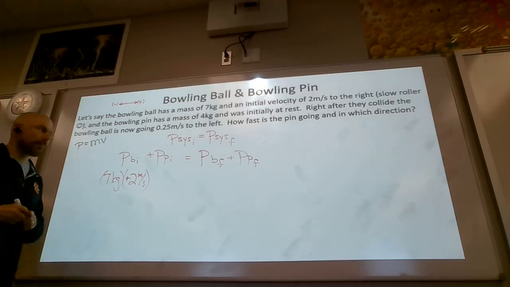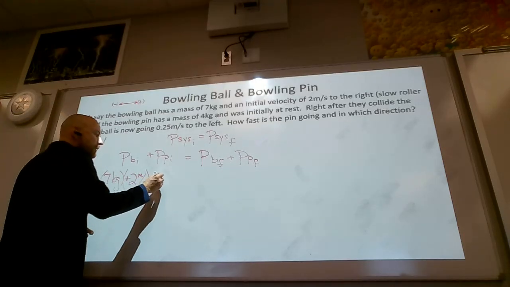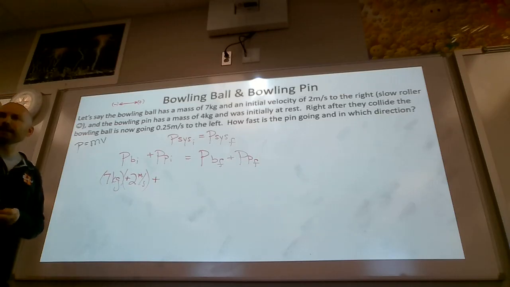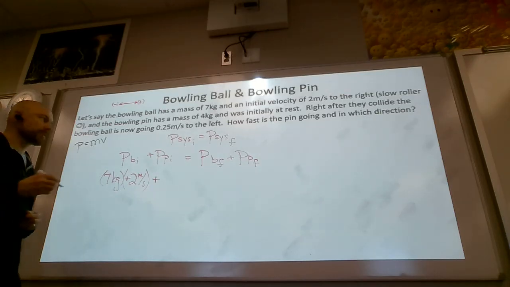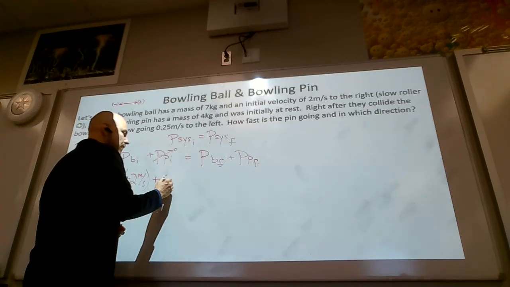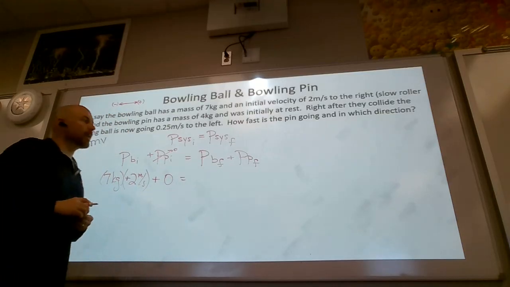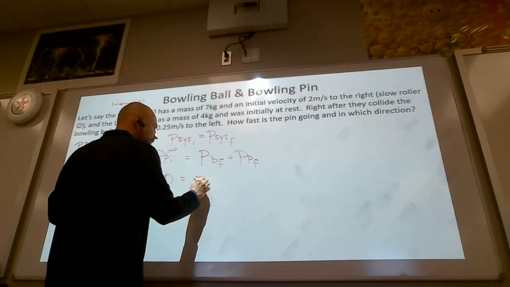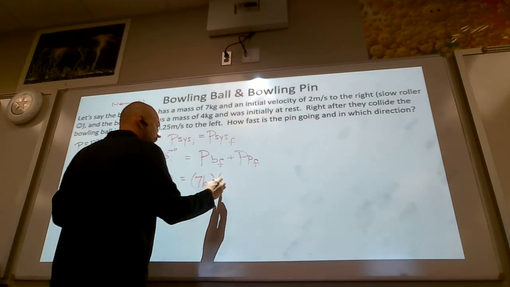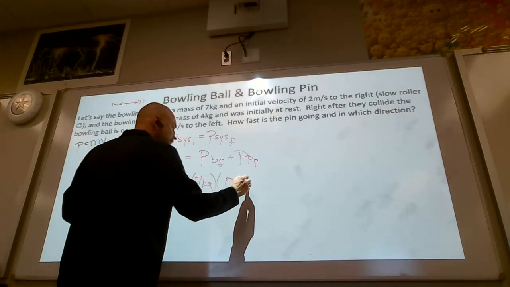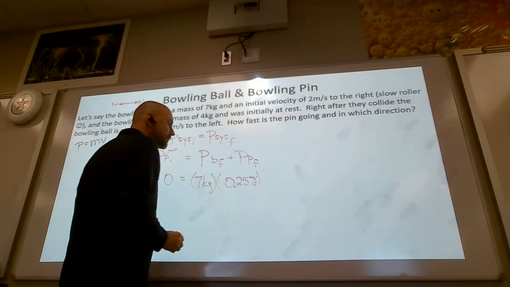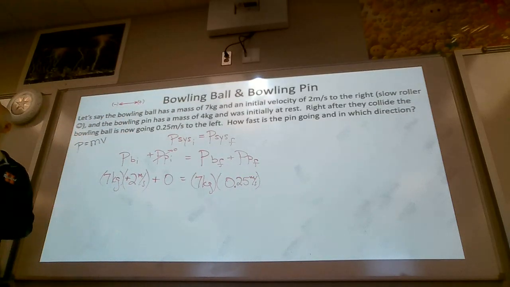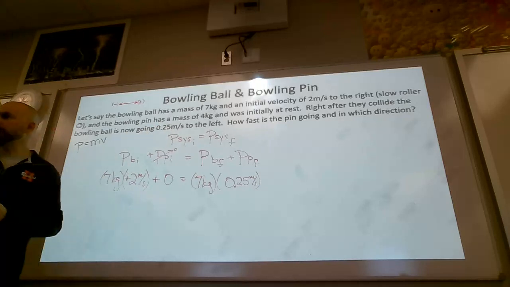What is the momentum of the pin initially? 0. It was not moving. The momentum of the ball final: it still has a mass of 7 kilograms and is now moving at 0.25 meters per second to the left.